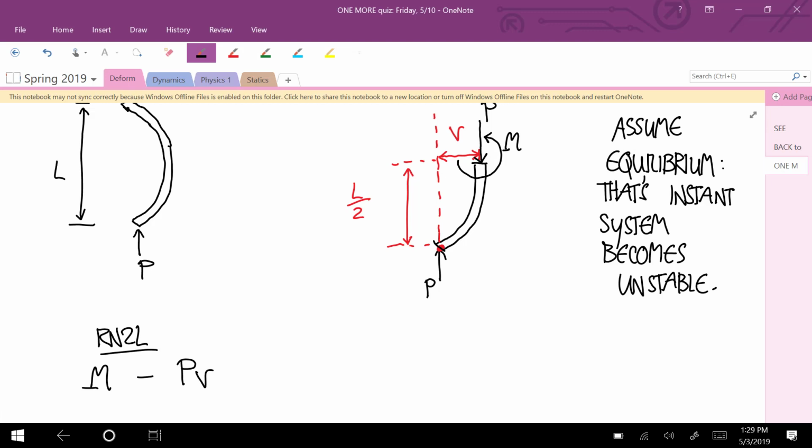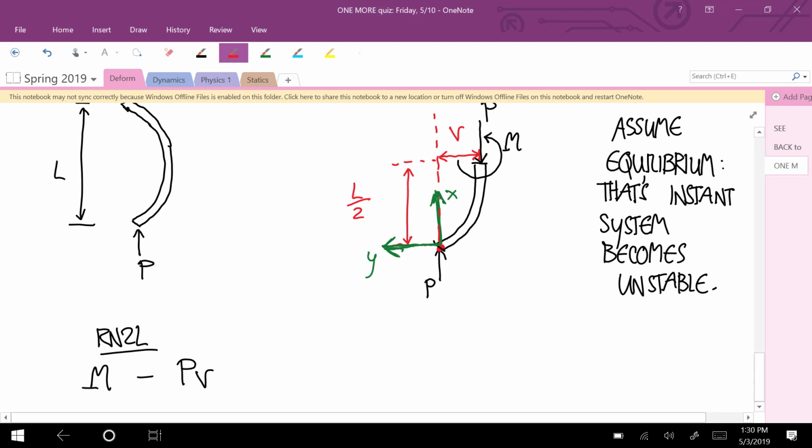And actually, if our coordinate system is like this, like it always is for beams, V is actually, so I sort of drew this to the wrong side is what I'm saying.